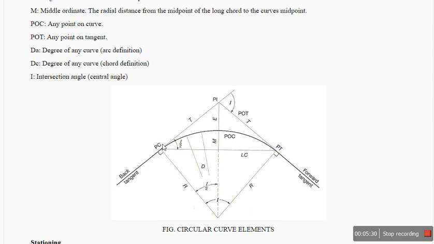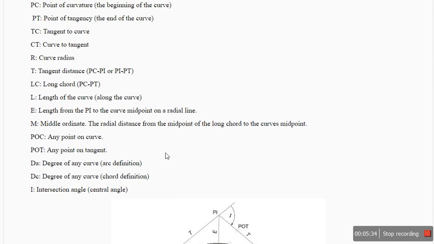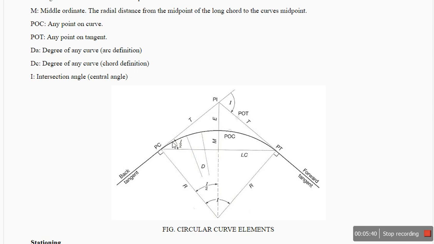The starting point of the curve we also call PC. PC stands for point of curvature. Then this curve meets the next highway at a point called the point of tangency.